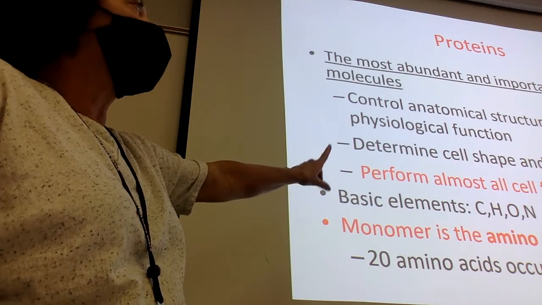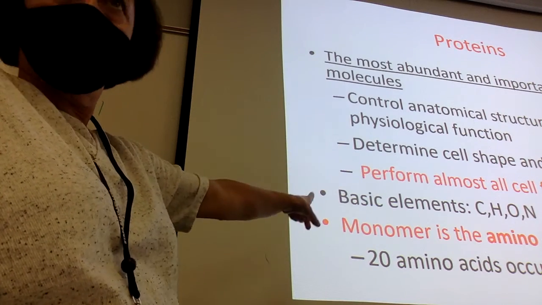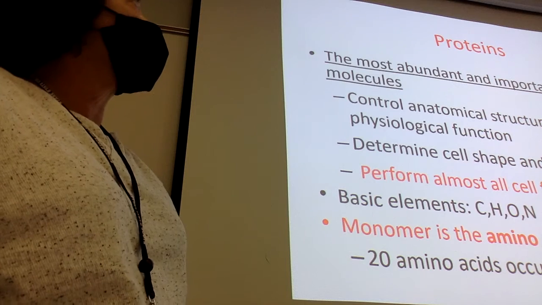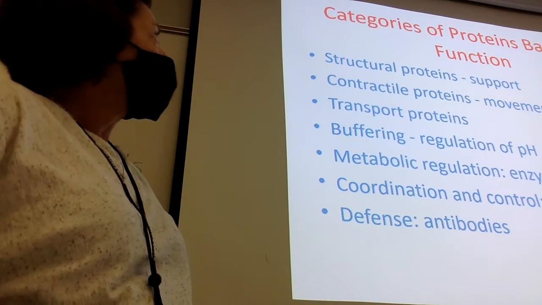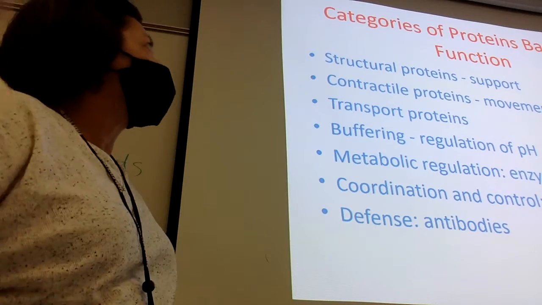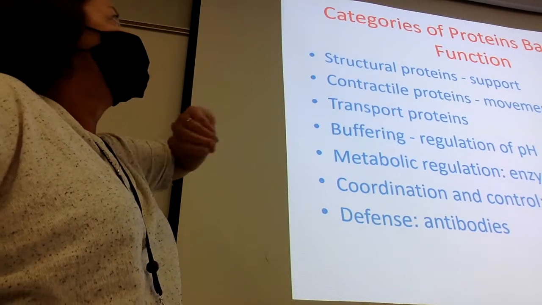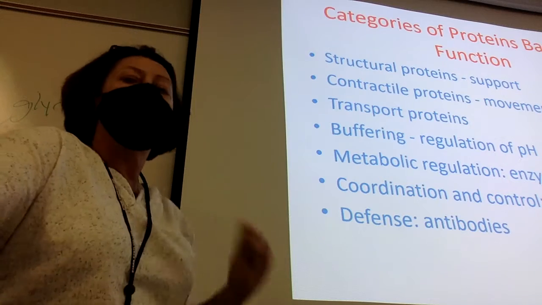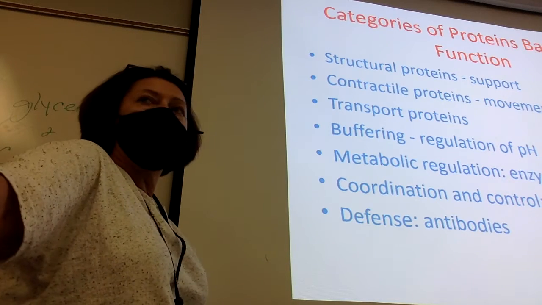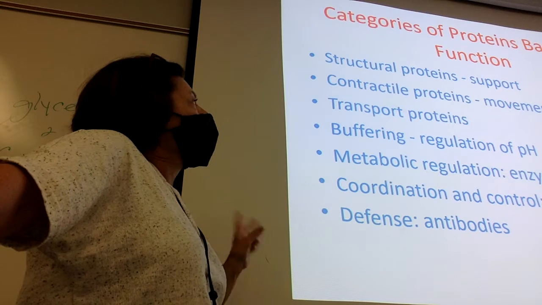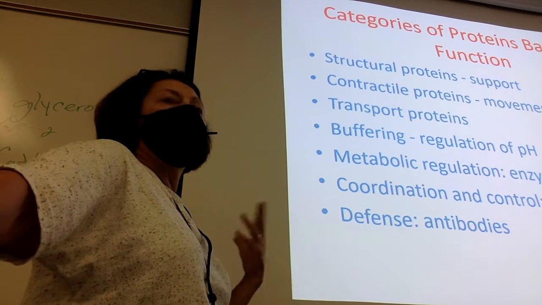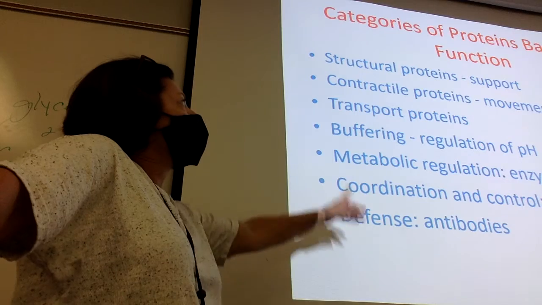Almost all of your cell functions are carried out by proteins. So that's probably true when they say they're the most important organic compound. Here are all the places you find proteins and all the things they do. There are structural proteins, which provide support. Your muscles and your bones are made of protein. Contractile proteins, again your muscles, contract; they're made of protein.